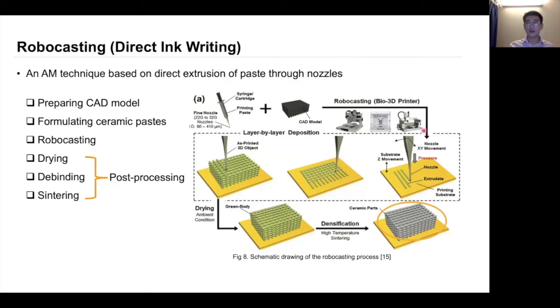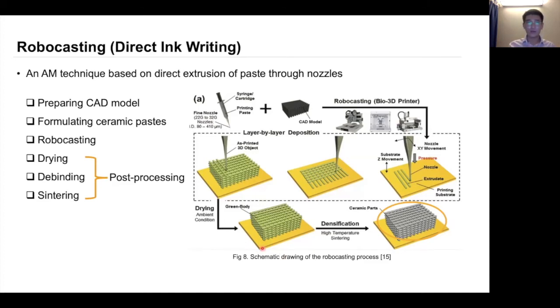Here is a schematic diagram of a typical robocasting workflow, where we start with preparing the CAD model and the specific ceramic paste that we want, in this case the calcium phosphate paste, followed by the robocasting process, whereby the paste is extruded line by line and layer by layer on a substrate until it forms the lattice structure that we want.